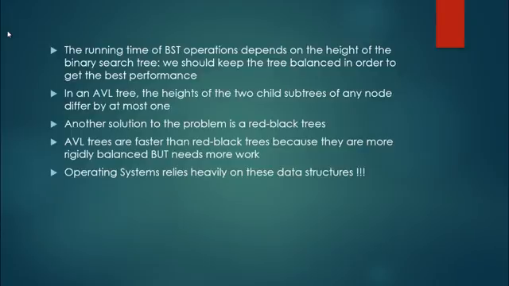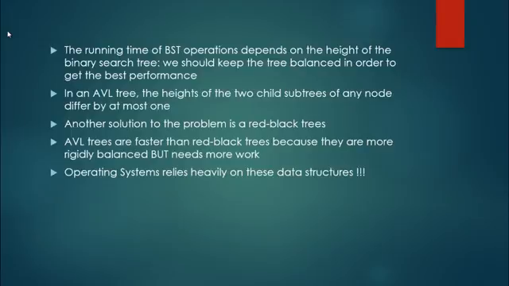So AVL trees are faster than red-black trees because they are more rigidly balanced, but it needs more work, because on every insertion, in the previous chapter we have been talking about binary search trees and inserting items in it. On every insertion in the AVL tree, we keep checking whether our tree is balanced or it has become unbalanced.